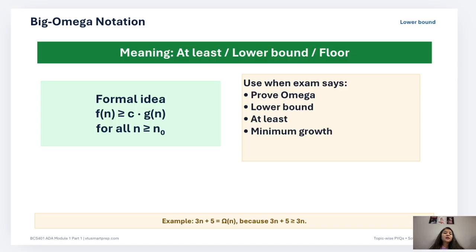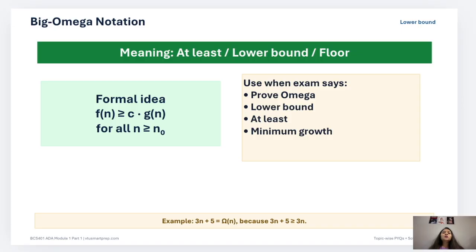Your formal idea you have to understand is f of n greater than or equal to c dot g of n. So use omega when the exam asks you to prove omega, or the lower bound, at least, or minimum growth.